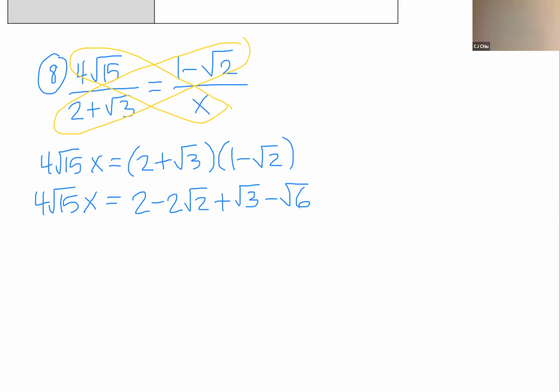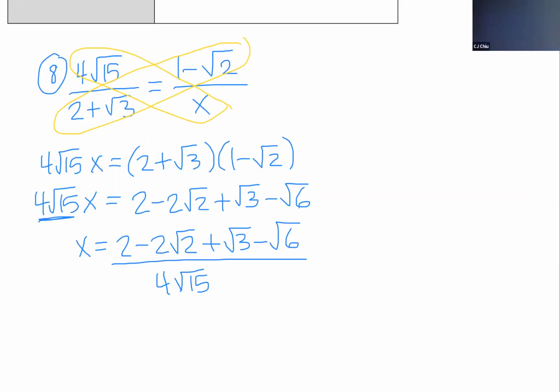So then you just divide by the 4 square root of 15. So x equals 2 minus 2 square root of 2 plus square root of 3 minus square root of 6 over 4 square root of 15, okay?